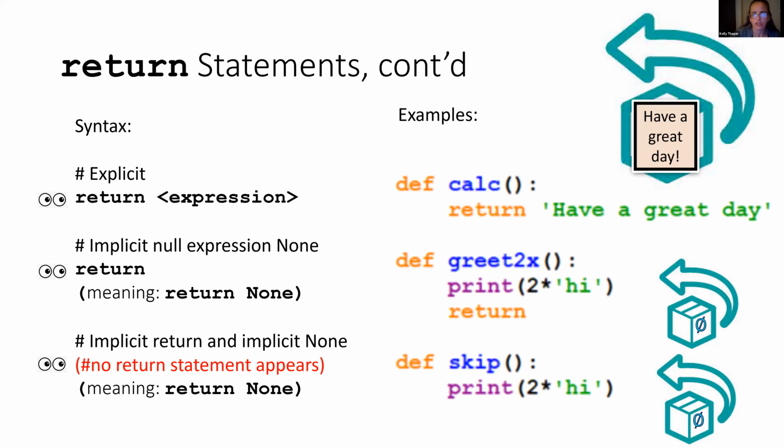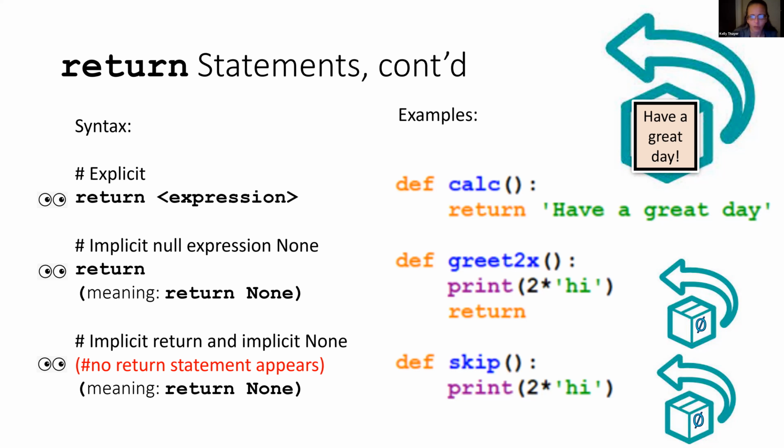Let's just take a look at this in some more detail, because sometimes this can be a little bit confusing, because what we see with our eyes does not always match what we think is in the box. So there's a variety of different kinds of syntaxes that you can see, and I've matched these up to some examples over here of some short little functions to take a look at.